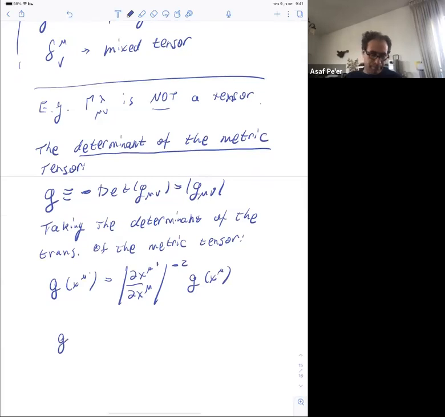Or G prime is just dx prime over dx to the power -2 times G. Now, this you find in any first year linear algebra textbook, basically. Right? How you take the transformation of the determinant when you're changing coordinate system. The transformation of the matrix under coordinate system change.